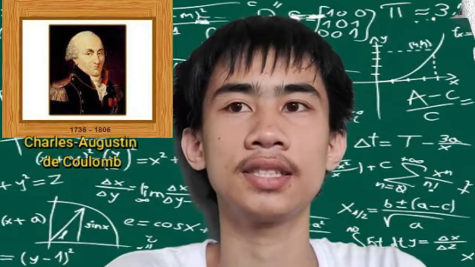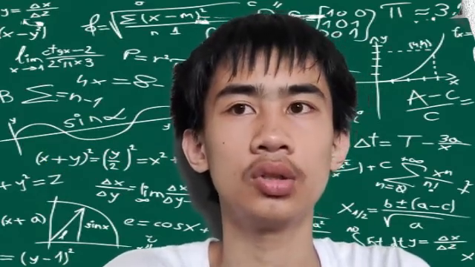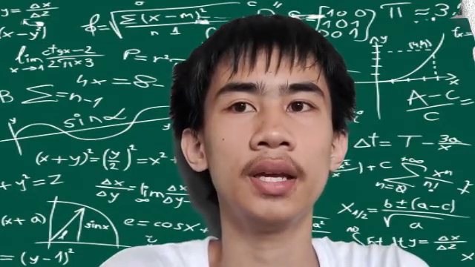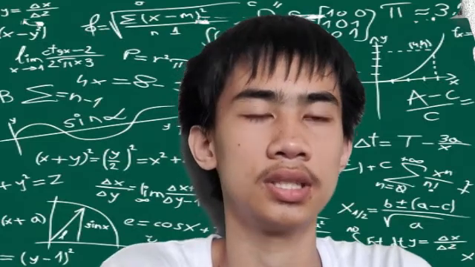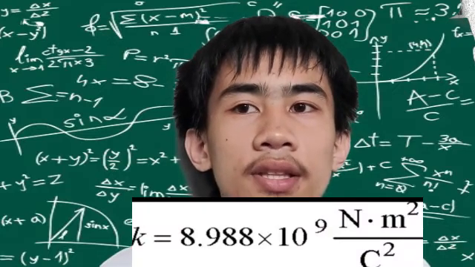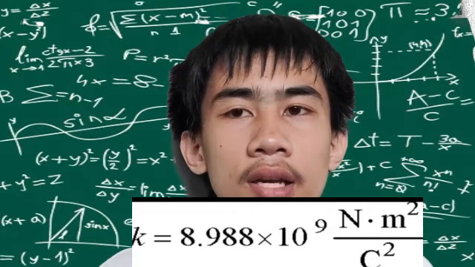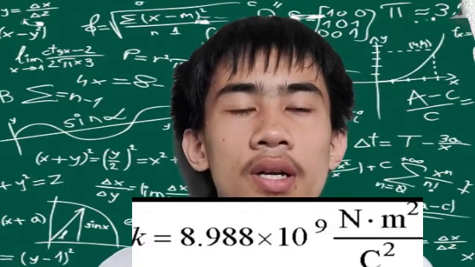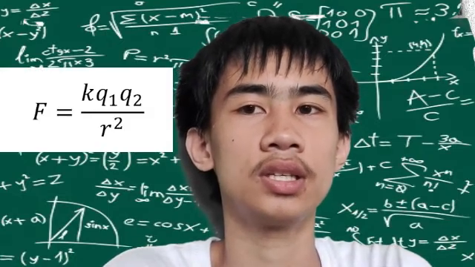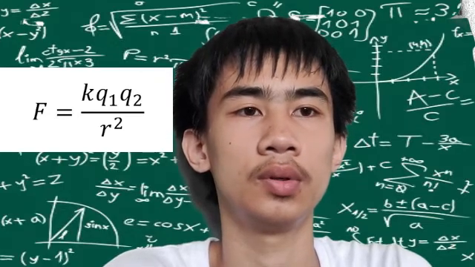Coulomb's law calculates the magnitude of the force F between two point charges Q1 and Q2, separated by a distance r. In SI units, the constant K is equal to 8.988 times 10 to the 9th power N times m squared over C squared. The formula of Coulomb's law is F equals K Q1 Q2 over r squared.